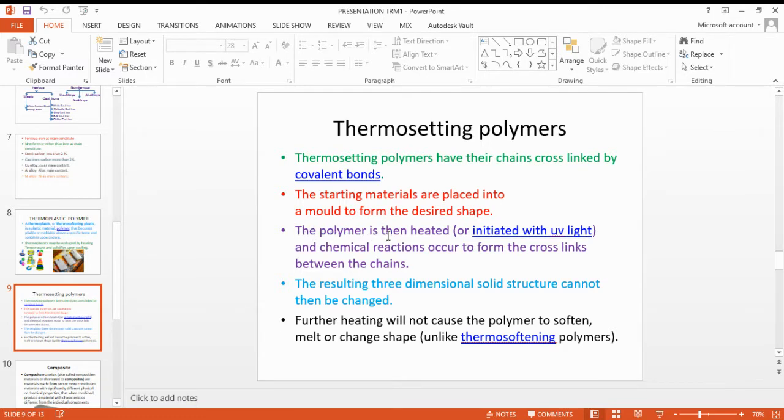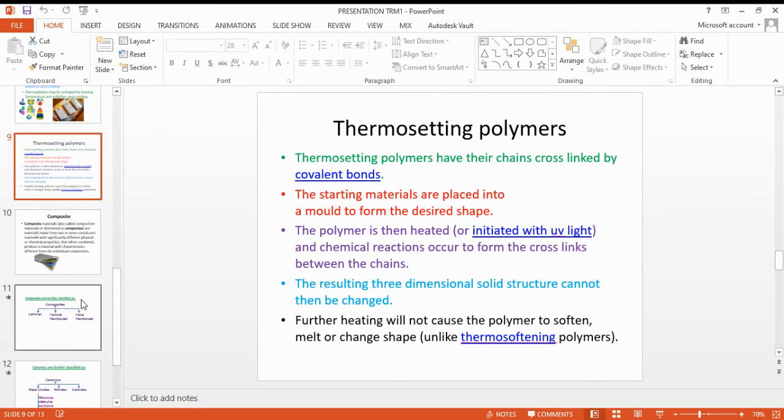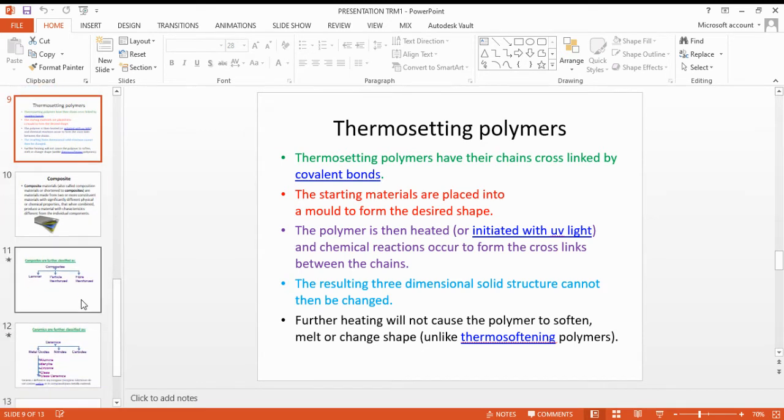The polymer is then heated or initiated with UV light, and a chemical reaction occurs to form cross-links between the chains. The resulting three-dimensional solid structure cannot then be changed. Further heating will not cause the polymer to soften or change shape.